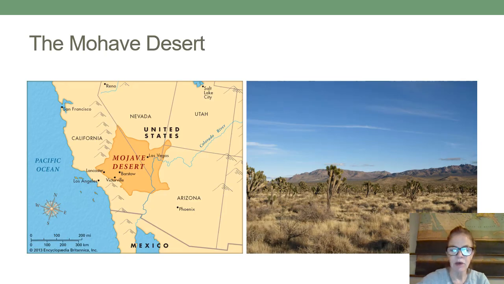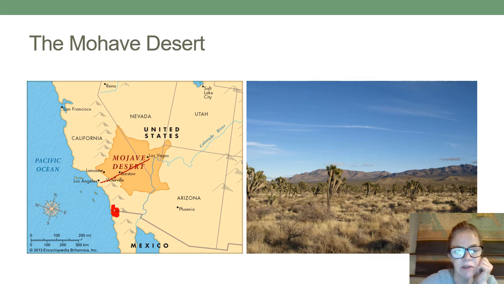Here's an image of the Mojave Desert. If you were going to drive from Los Angeles, which is located right here, to Las Vegas, you would have to drive through the Mojave Desert. I want you to look at California here, and I'll see if I can do a better job of manipulating this. Down here at the very tip, that's where San Diego is located.